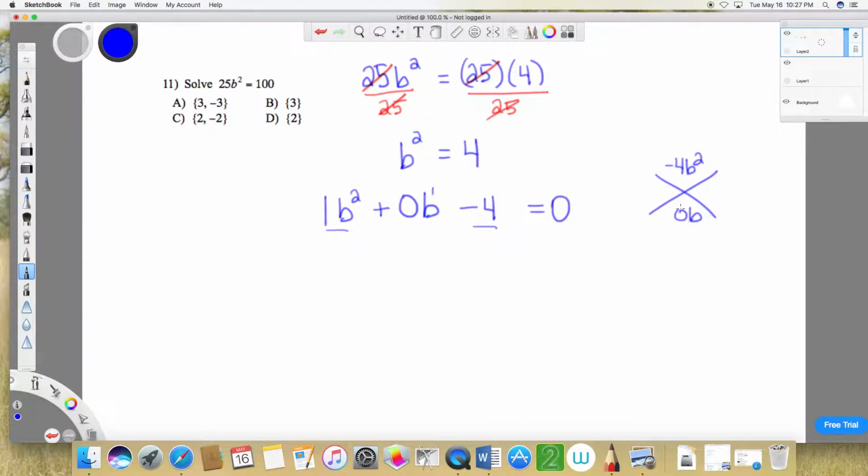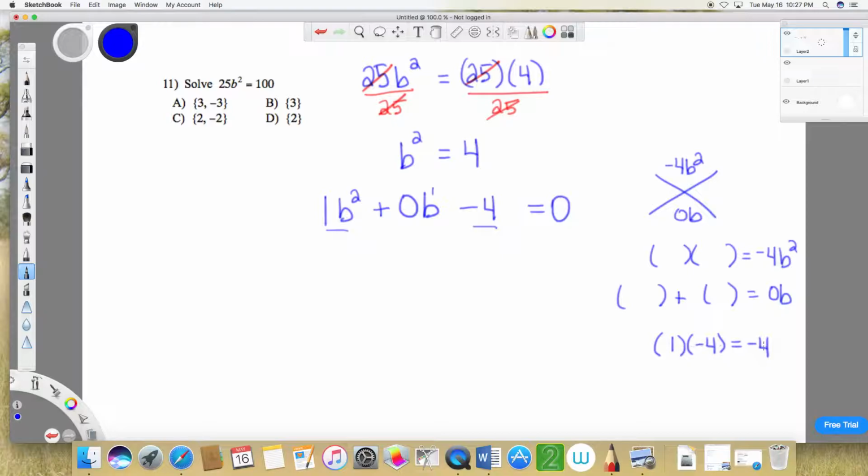So now the game begins, the trial and error, where we're trying to come up with two values that, when multiplied together, give us the top of our X, the negative 4b squared, but when you add these expressions together, you get 0b. With a little bit of trial and error, since the product is negative, one number is going to be positive and the other negative.